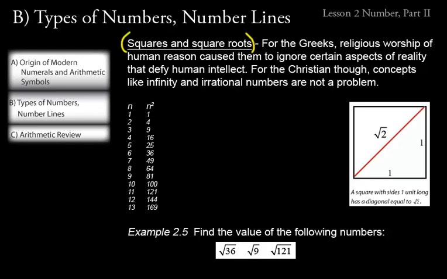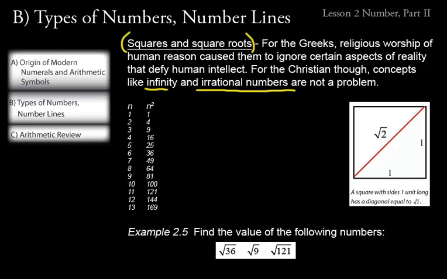For Christians, though, concepts that confuse the Greeks, like infinity and irrational numbers, aren't a problem for us because God is eternal, so that helps us understand that there would be infinitely large numbers. God is omniscient, or all-knowing, not us, so numbers that we can't make sense of, that we can't find the last decimal place on, are okay with us.